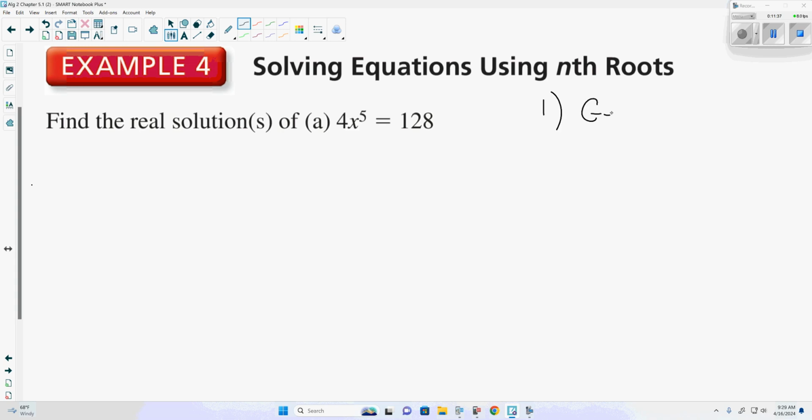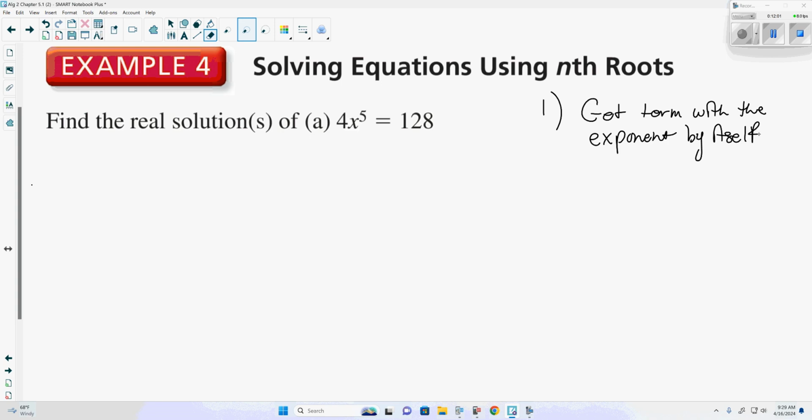So 1, we want to get the term with the exponent by itself.